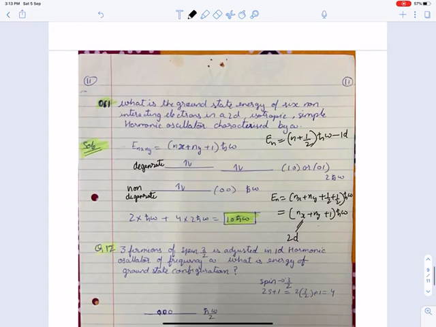Automatically, first it can accommodate only 2s plus 1 by the rule, and again this 2 in the E equal to 2 state. So you calculate with this formula Nx plus Ny plus 1, and you will get 10 h cut omega. Okay, so this formula you have to put.